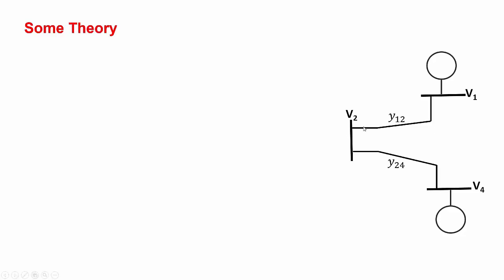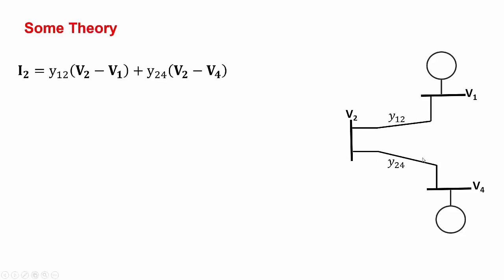The current out of bus 2, using admittance instead of impedance, going to bus 1 will be V2 minus V1 multiplied by Y12, and from V2 to V4, it will be the difference between V2 and V4 multiplied by the admittance. That will give me the current going in this link and in this link.